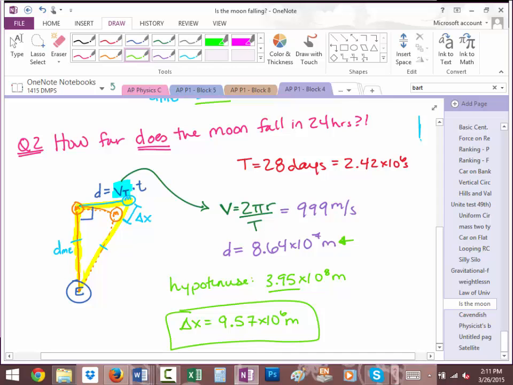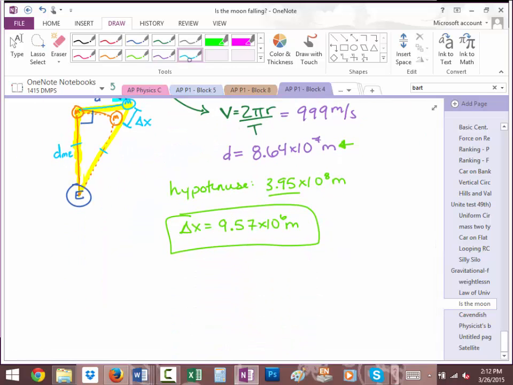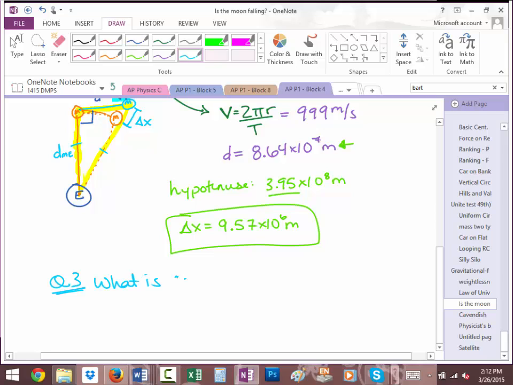Okay. So question 3 is, what is g at the moon? Have you figured that out already? Yes. What is the acceleration due to gravity from the Earth at the moon?